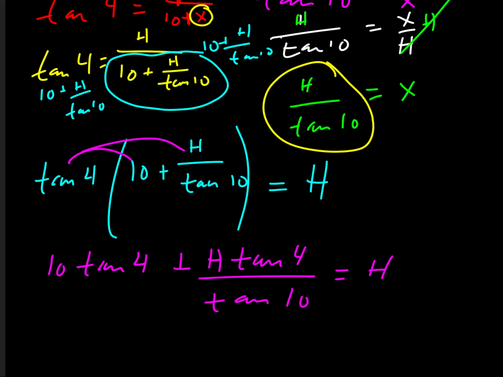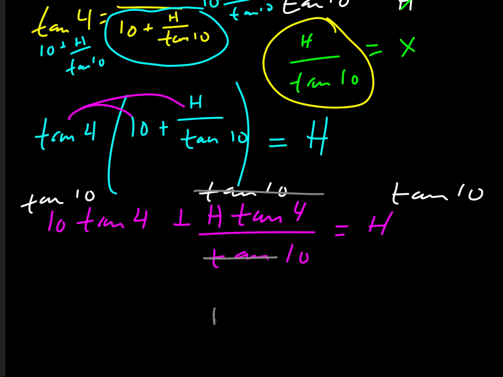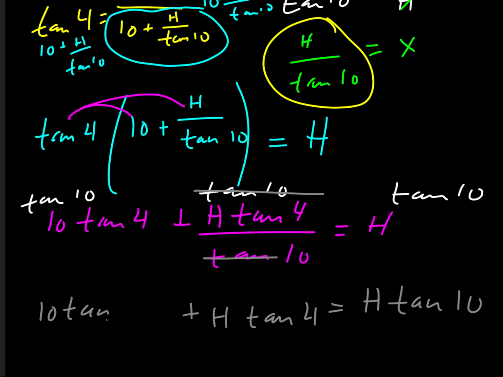Okay, now I want to clear this fraction, so I'm going to multiply everything by tan 10. So this tan 10 and this tan 10 cancel, so that piece is just h tan 4. This is going to be h tan 10, and then this is going to be 10 tan 10 tan 4.